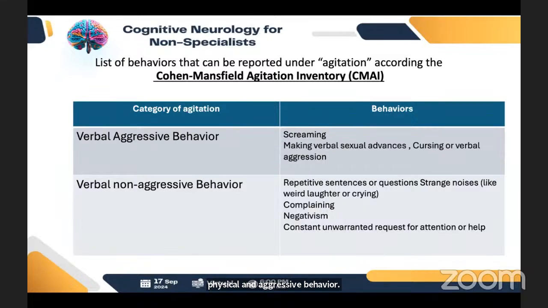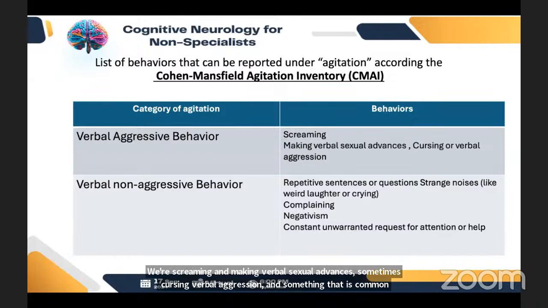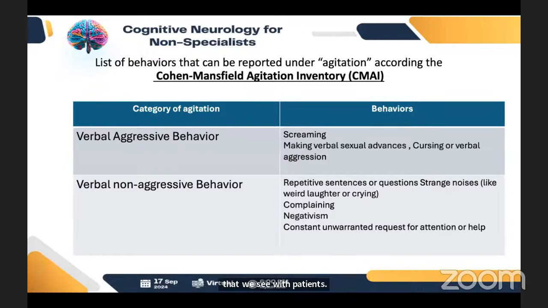The other two parts covered by the Cohen-Mansfield Agitation Inventory are the verbal aggressive behaviors, where there is screaming, making verbal sexual advances, sometimes cursing, and verbal aggression, which is something common that we see with patients, and people are familiar with it in Alzheimer's disease. You will see patients saying inappropriate words or comments, for example when they are waiting in the waiting room or in your office. This is just a part of verbal aggression.